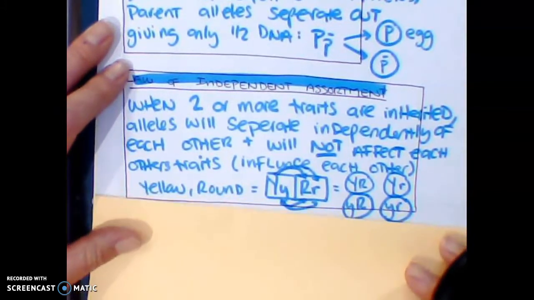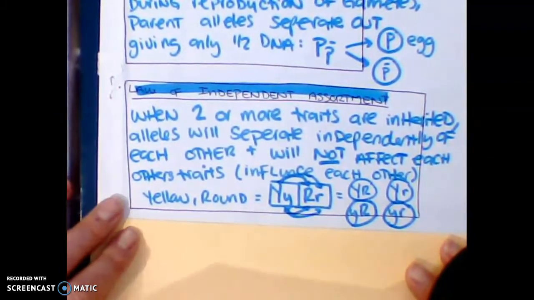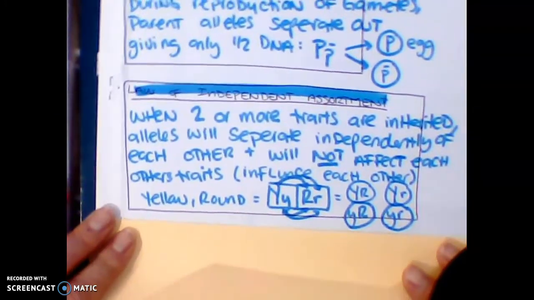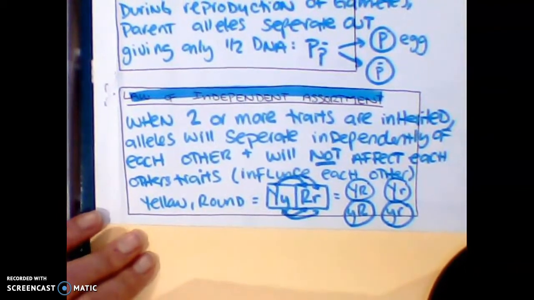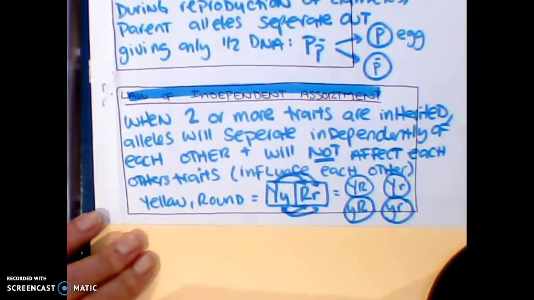The next thing that's going to happen, which I'm going to go ahead and present now, is where we're headed. So why is all of this important? Eventually we're going to get to a 2 or more trait cross. So instead of just crossing, say, yellow peas with green peas, which is color, you're going to cross a green wrinkled pea with a yellow round pea.